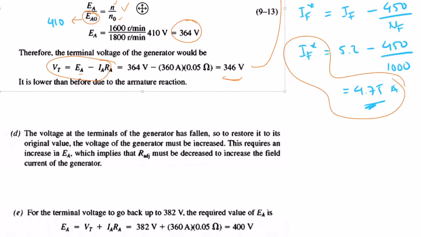So to restore it to its original value, the voltage of the generator must be increased. So we need to increase VT. And how do we increase VT? VT is equal to EA minus IA RA.